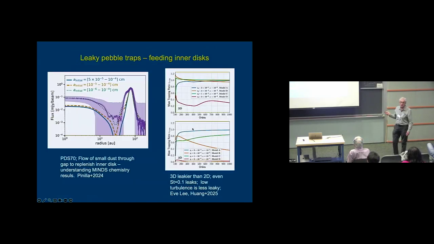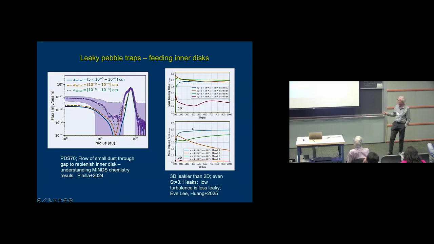Leaky traps. Pebble accretion is a very important idea in planet formation, as we just mentioned. These traps, if you think they're perfectly sealed up the flow, you get an isolation mass, about 25 Earth masses, depending where you are on the disk. The JWST observations have now shown, quite clear, this is Paolo Pinella's work, that these traps are leaky. We have gaseous material, water, etc., in the inner disk of PDS 70, which should have been shut off.